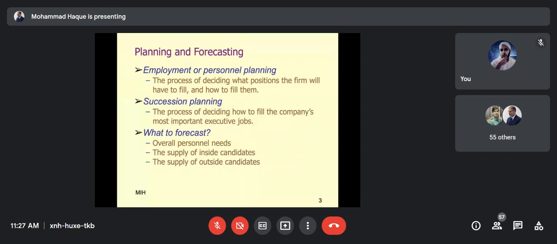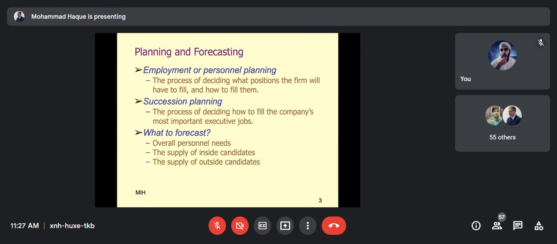Now, in order to do planning, we will need to do certain forecasting. That is, employment or personnel planning is defined as the process of deciding what positions the firm will have to fill and how to fill them, right?